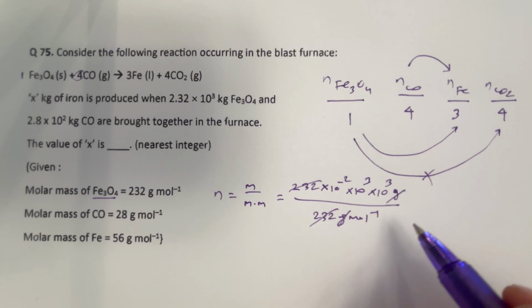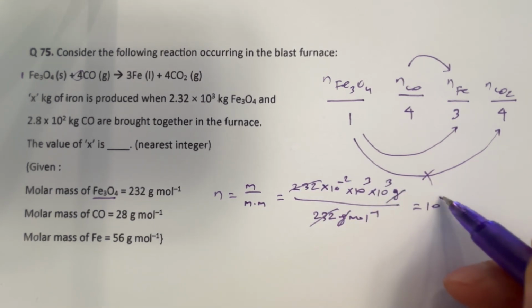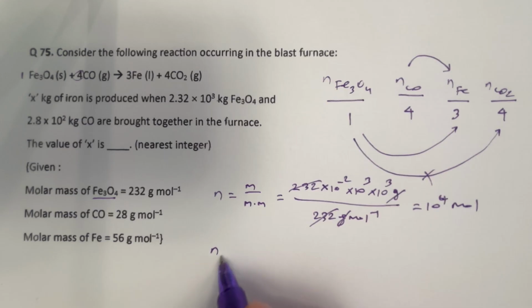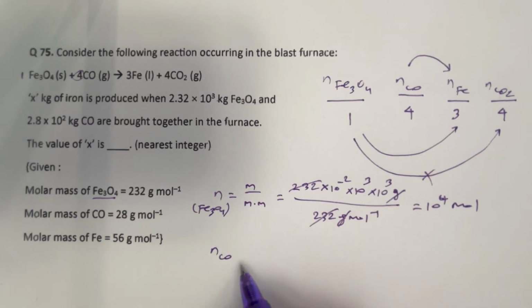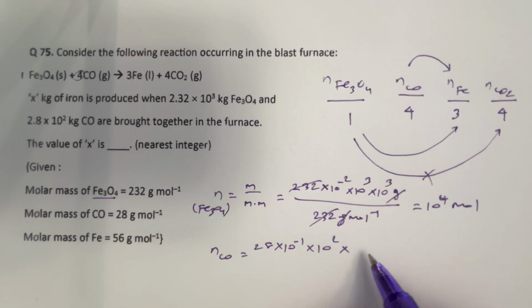So, this means that 6 minus 2, so 10 to the power 4 moles. Then the number of moles of CO. The given weight is 2.8, so let us write it this way: 28 times 10 to the power minus 1 times 10 to the power 2. Let us convert the kilogram into grams.